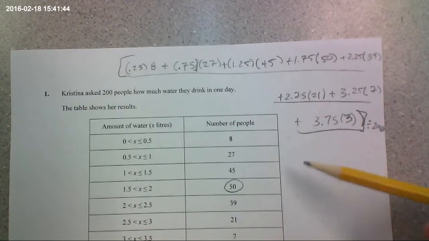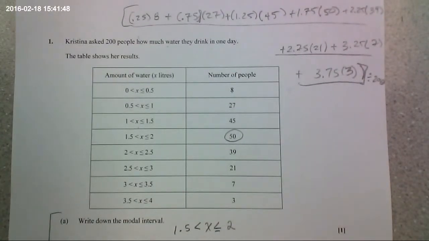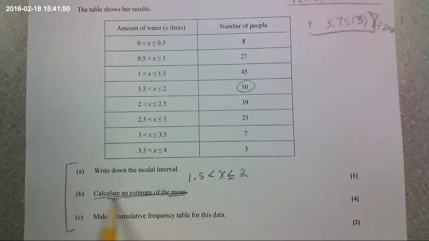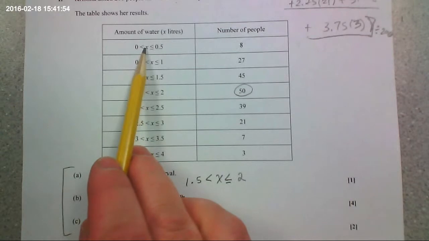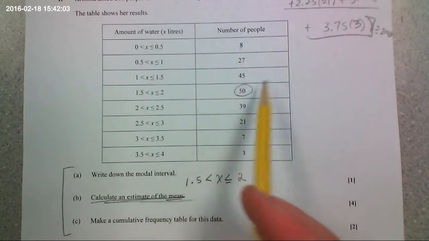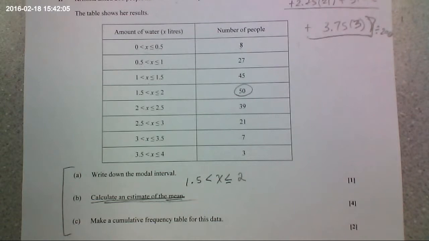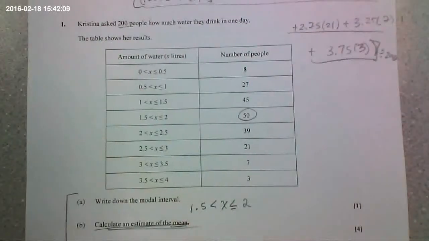So my work is really sloppy, and I apologize for that. But here's what you do to calculate the mean, or the estimate of the mean. You take the midpoint of each of these intervals and you multiply that by the frequency. You do that for each category, then you add them all up and divide it by the total number of entrants, which was 200.